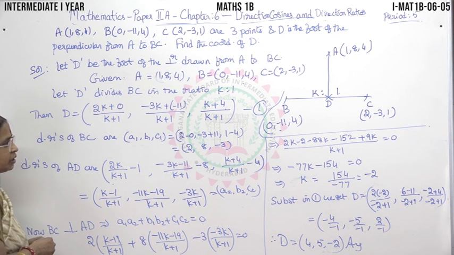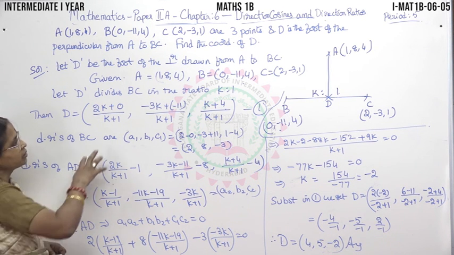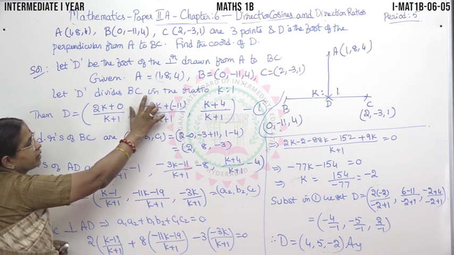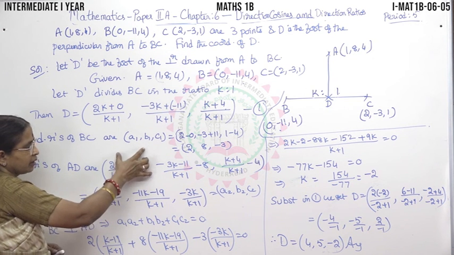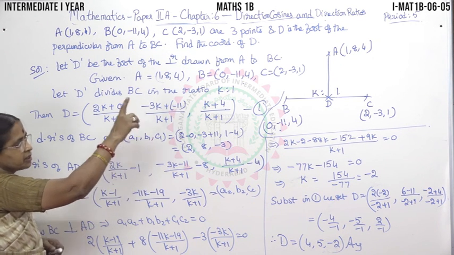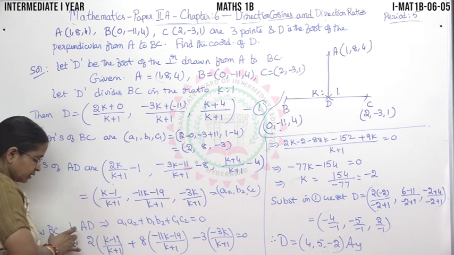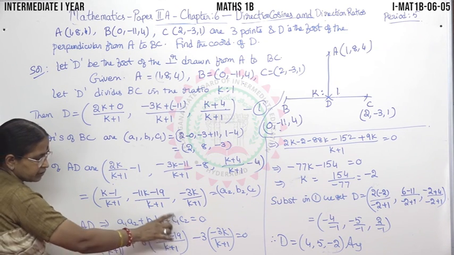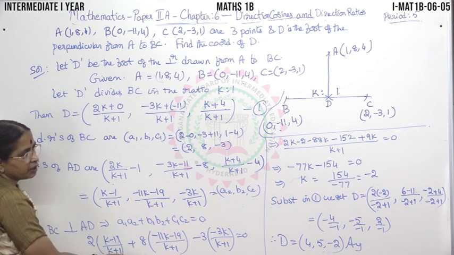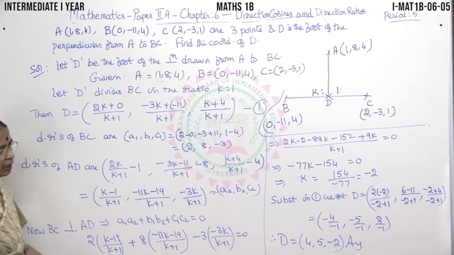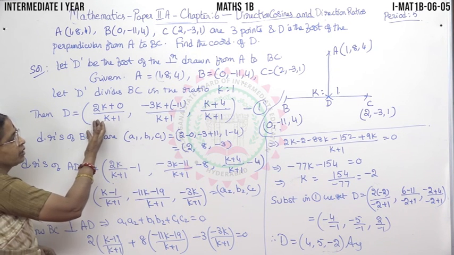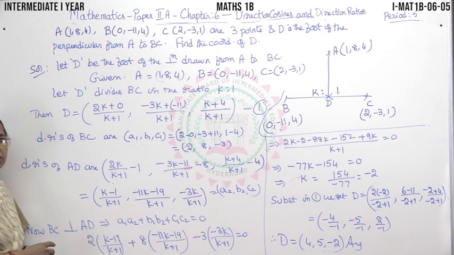Remember this procedure. It is not like in 2 dimensions, it is totally different. Find the coordinates of D and then find the direction ratios of BC and AD. Since they are perpendicular, they satisfy this condition. Substitute in the condition and find out k. After getting k, you can find the coordinates of D. So like this, we do the problem.